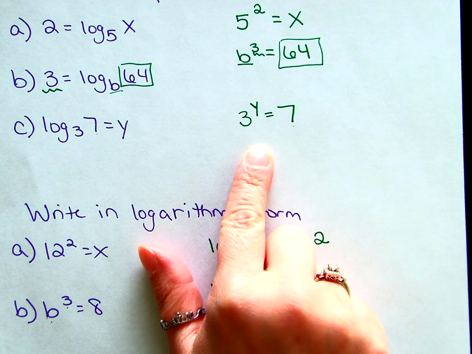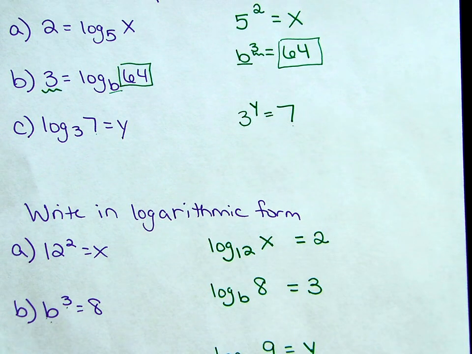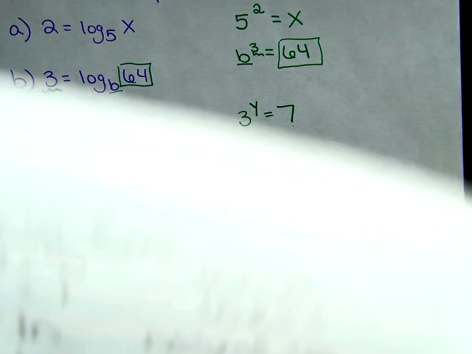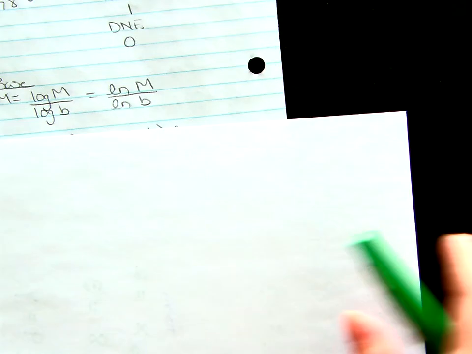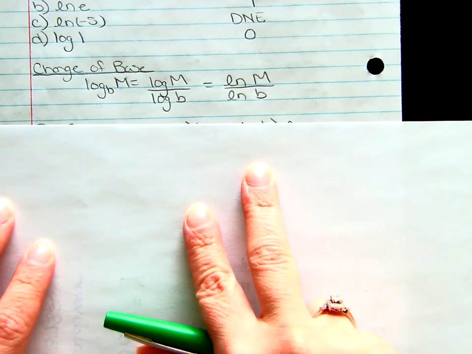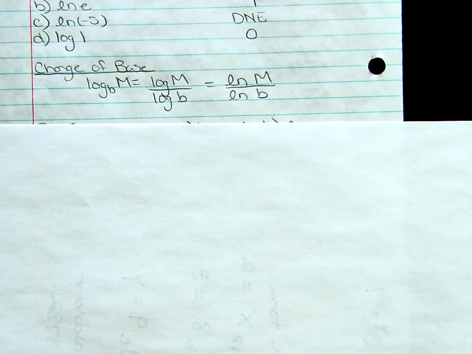And so because of that, we have a nice little change of base formula that gives us a way to type into our calculators these logs with other bases, like bases that aren't 10 or e. And the nice thing is we can either use common logs or we can use natural logs, and it's going to give us the same thing.